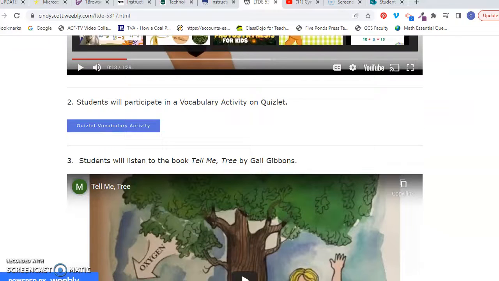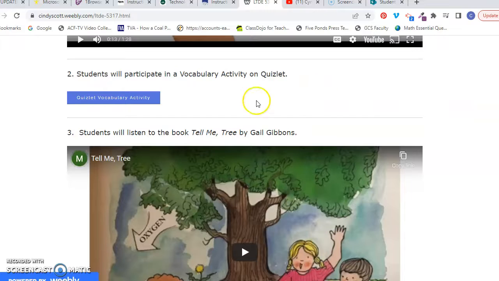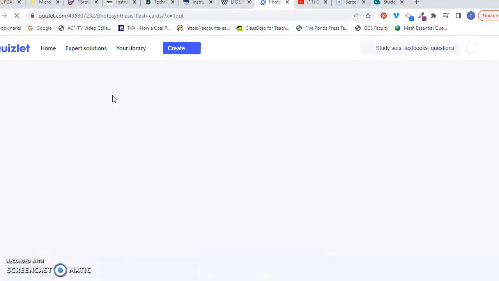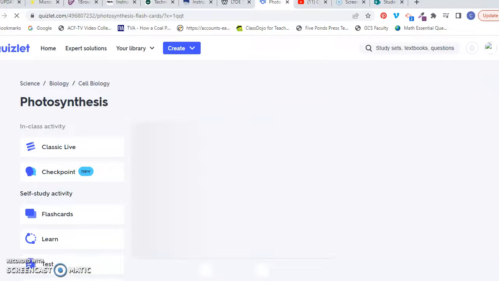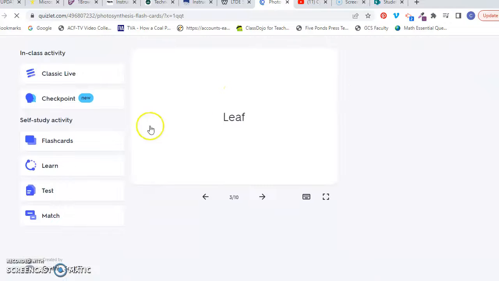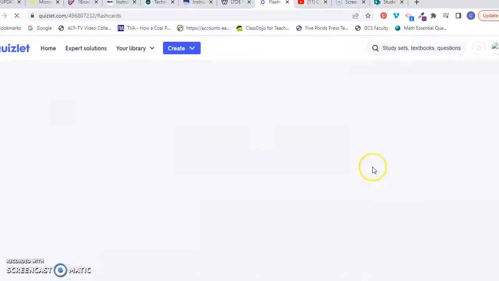The second activity was really just an introduction to some of the vocabulary words. I created a vocabulary activity on Quizlet, and they are just using their flashcards.